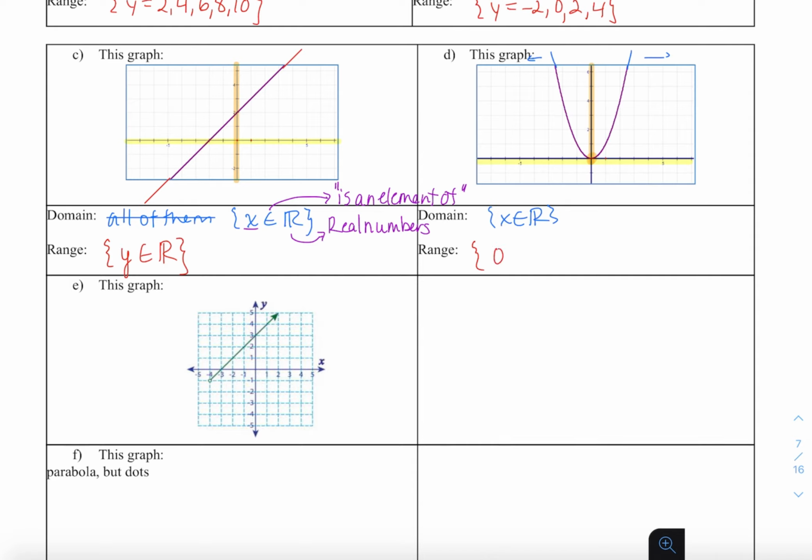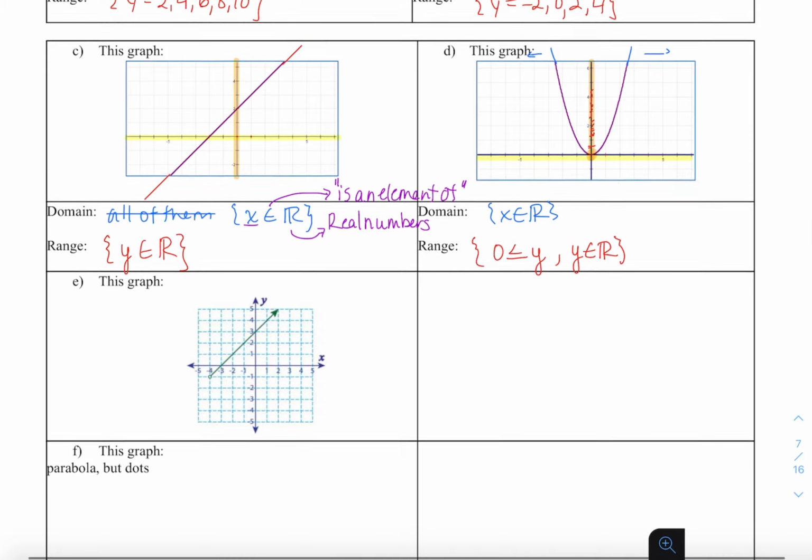I say 0 is less than or equal to y, because I can see that the point 0 is actually on the graph. 0 ≤ y, y ∈ ℝ, meaning that it's not just dots, it's all the numbers in between, like the tiny decimals in between all these values, which I can tell are part of my graph.